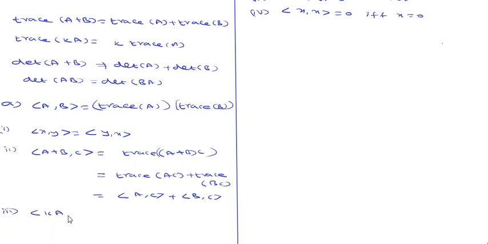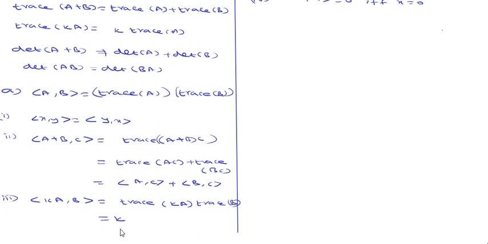And third one is <kA, B>, which is defined as trace of kA into trace of B. Since trace satisfies the linearity property, trace of kA equal to k times trace of A, into trace of B. So therefore this is equal to k times the inner product <A, B>.